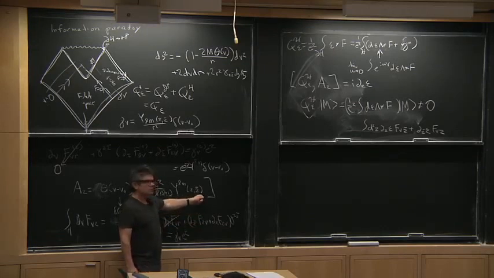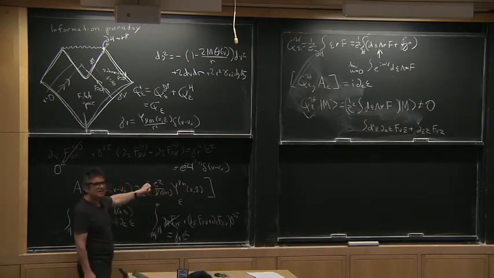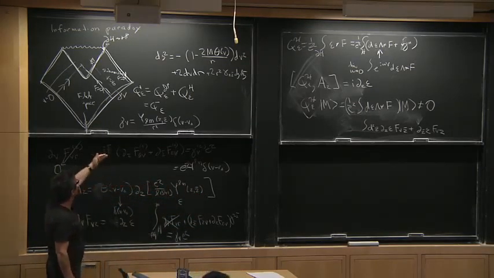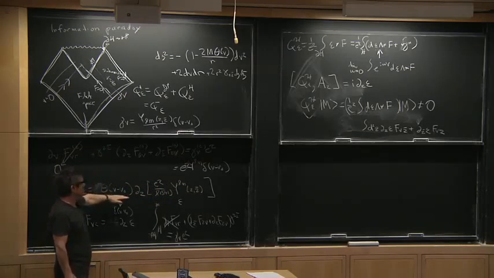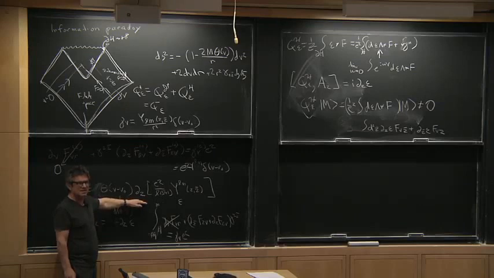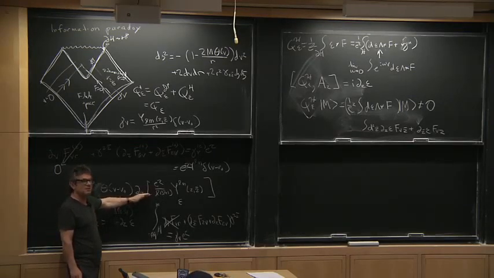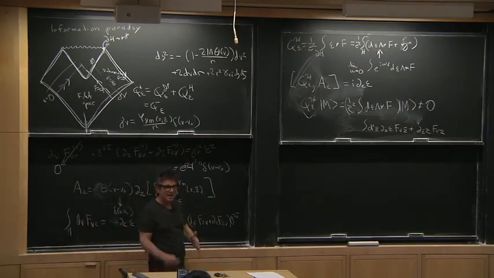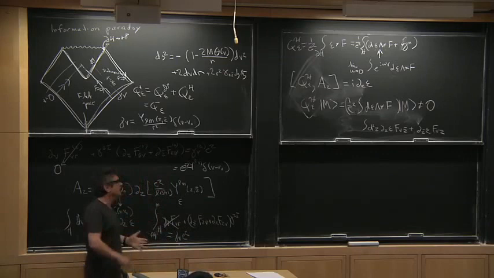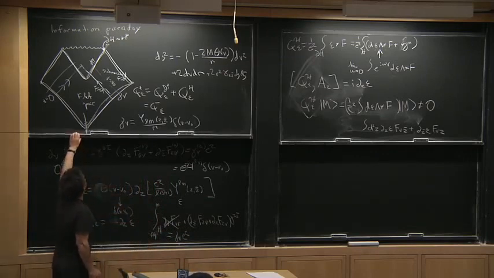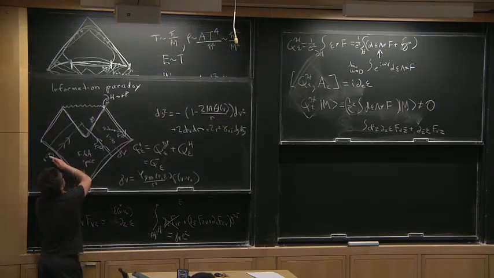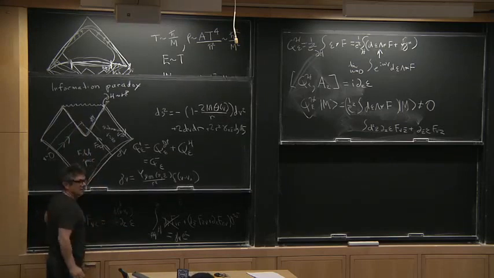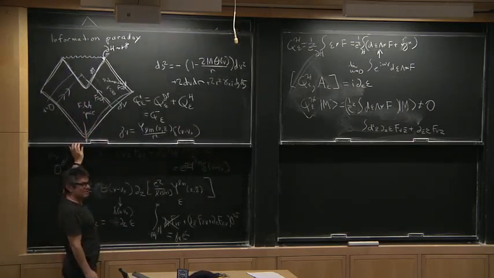But to understand it in this nice simple way as a large gauge transformation induced by the shock wave, I had to choose a gauge. And I extended the gauge in a simple way from scri minus up to the horizon that was adapted to this problem.